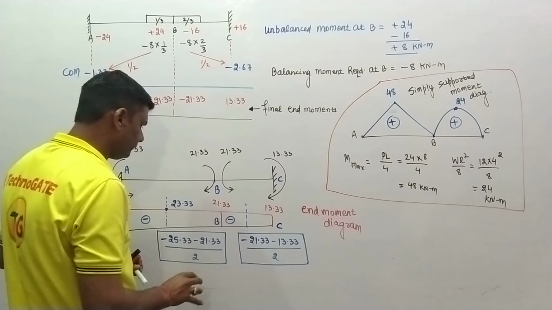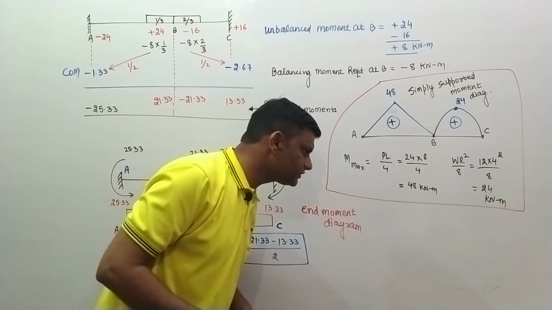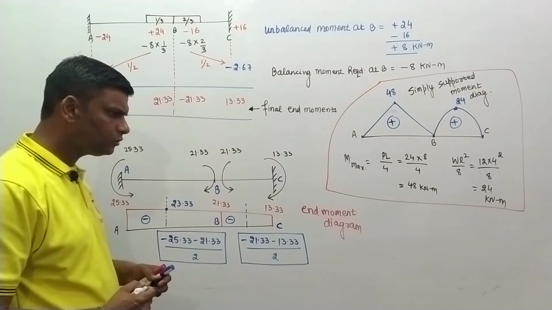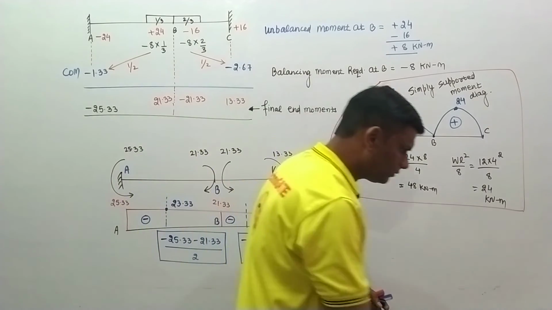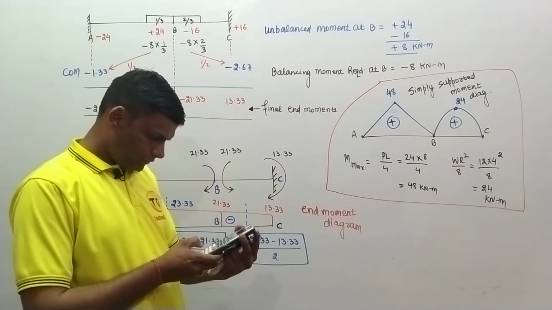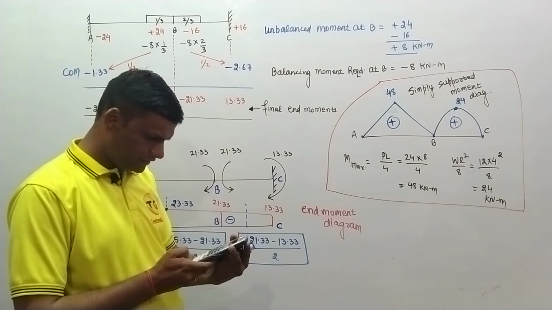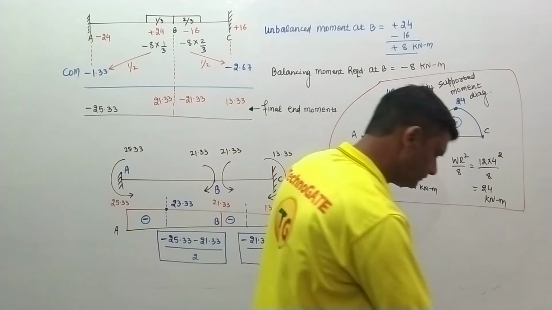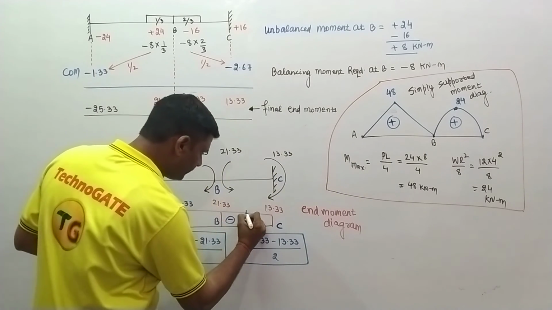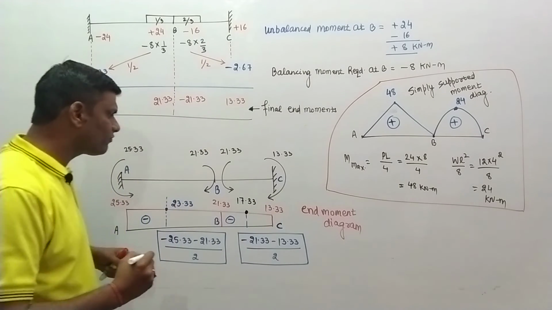Not 6.67, I have to calculate: 21.33 plus 13.33 whole divided by 2, that is 17.33. Why are these values required?